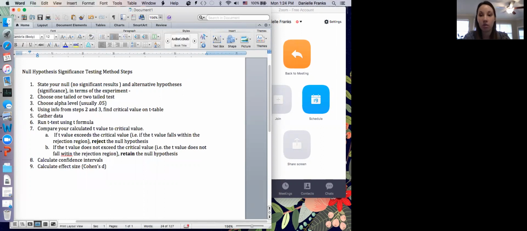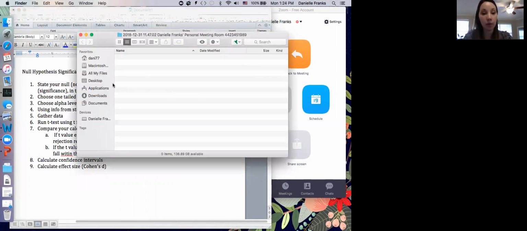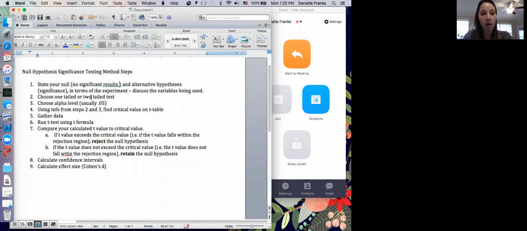It means that we're going to discuss the variables being used. Like for the Dorito example, we talk about the sample weight and the population weight of the Dorito bags.